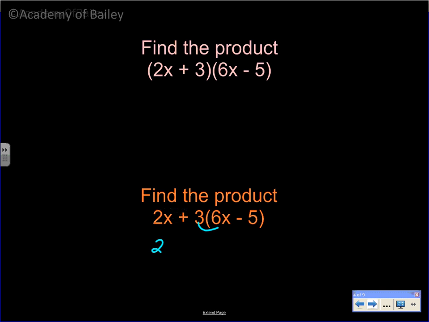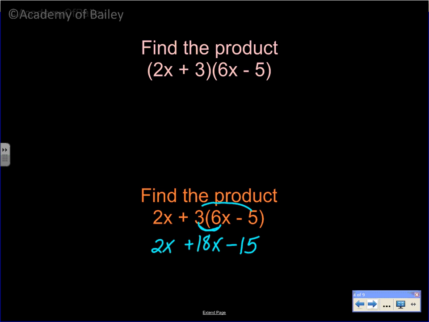So let's go ahead and bring our 2x down. We know 3 times 6x is going to be 18x, and positive 3 times negative 5 is a negative 15. And now we combine our like terms.